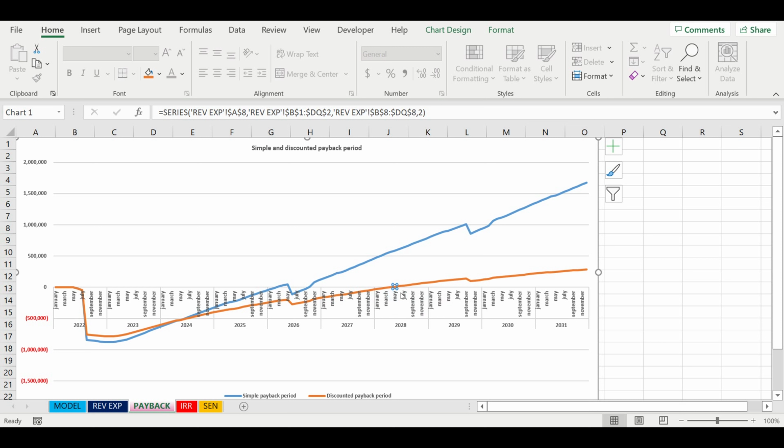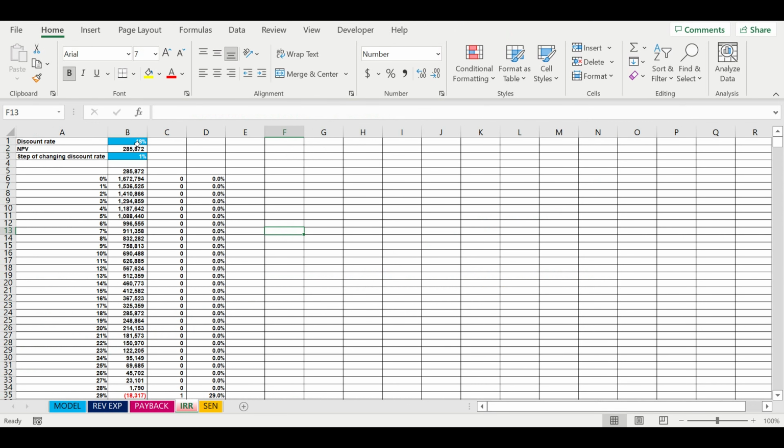This is the discounted payback period. In this spreadsheet we set up the discount rate, and we set up the step of changing the discount rate to figure out the internal rate of return more accurately.